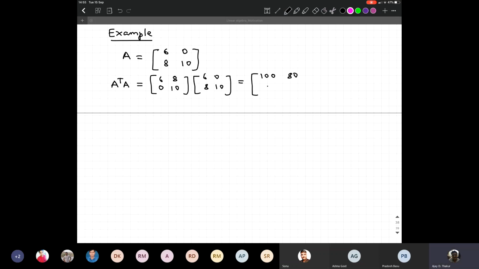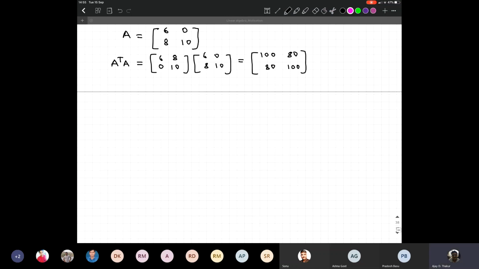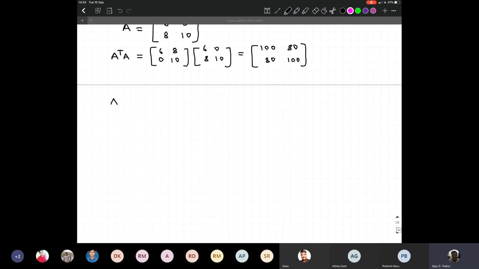These are simple matrices, so it is not very difficult to do this multiplication. But why we are obtaining AA transpose and A transpose A will become clear.